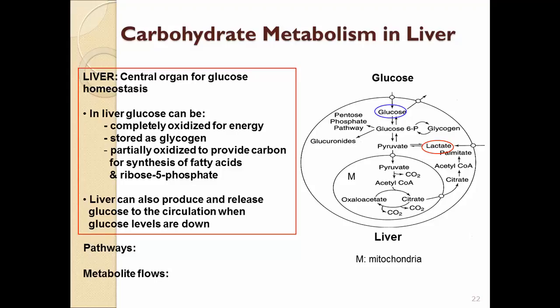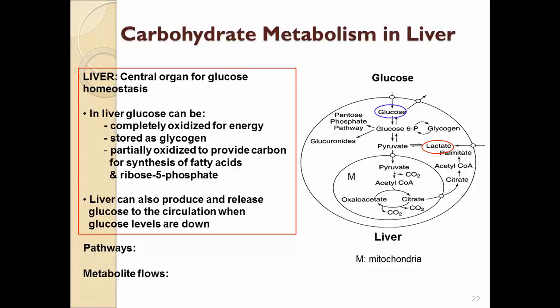So this represents the liver cells. You can see how the liver metabolizes glucose in almost five different pathways, right? First of all, glucose can be taken up into the liver by GLUT2, remember, and then can go to the glycolytic pathway and then the TCA cycle in the mitochondria for complete oxidation.